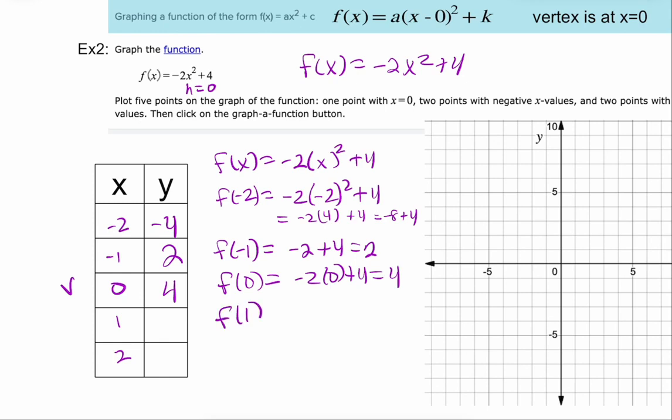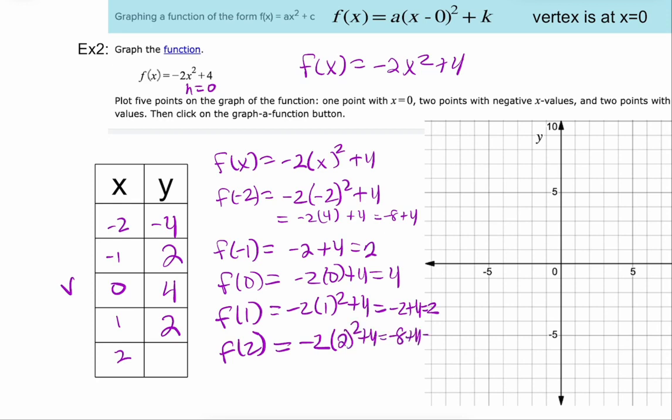So if we plug in 1, because it is equidistant from the vertex, these should have the same value. So I'm expecting to get a value of 2. So I get -2 times 1 squared plus 4, which is -2 plus 4, or indeed 2. And if I plug in 2, I'm expecting to get an answer of -4. Which is -8 plus 4, or guess what?